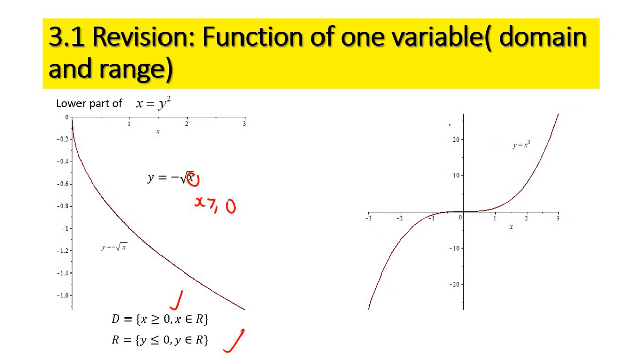How about the range? Negative infinity to positive infinity. Yes, because when you see y equal to x cubed, x can take up any value, and since x takes up any value, y also any value. That's why x is negative infinity to positive infinity, y also same thing.